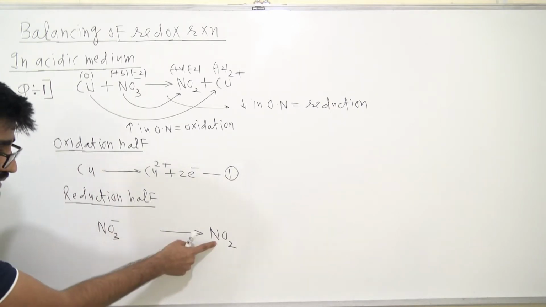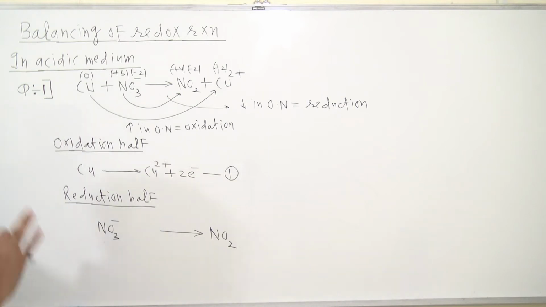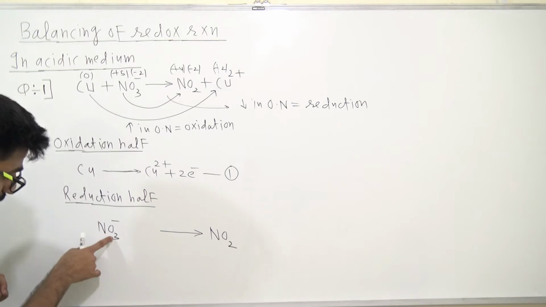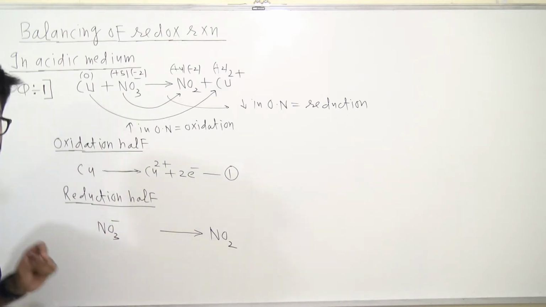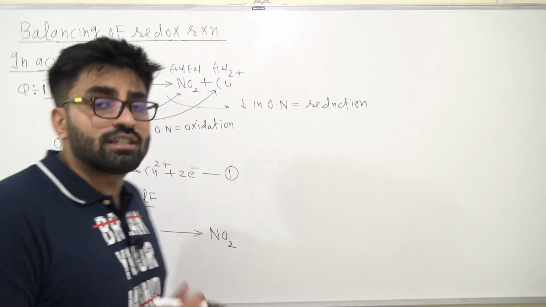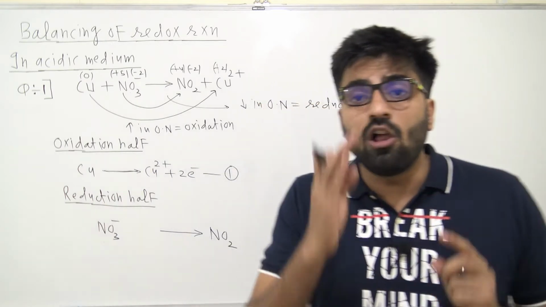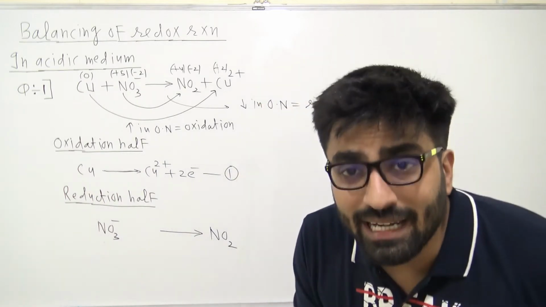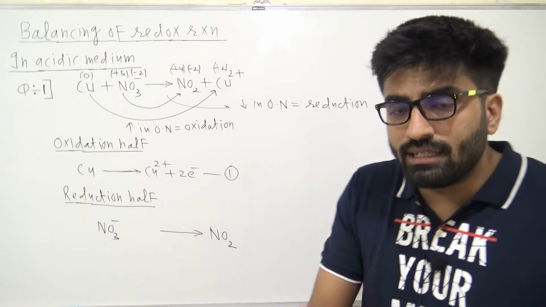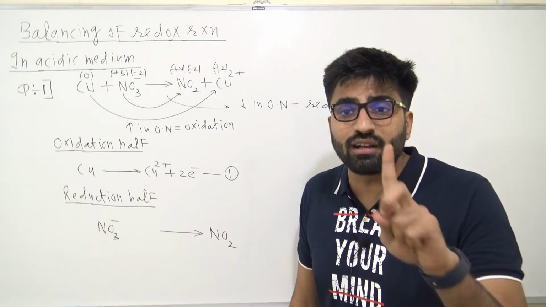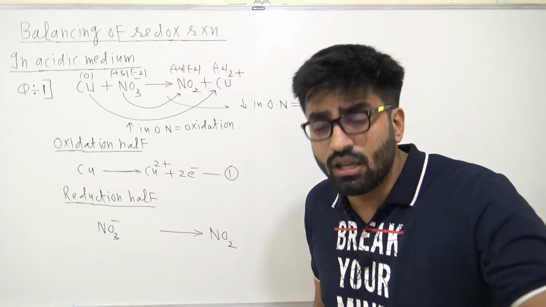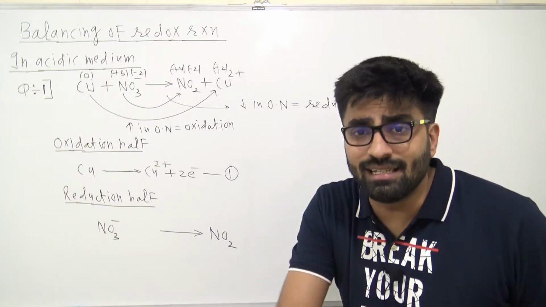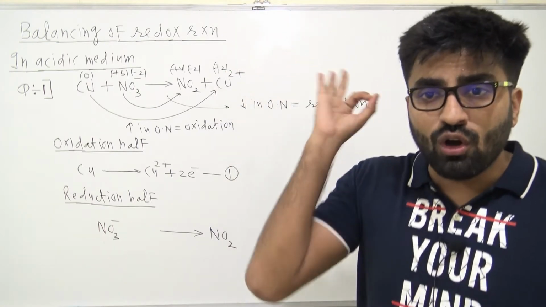There is one nitrogen and also one nitrogen. The next question is, is oxygen balanced? Here we have 3 oxygen and here we have 2 oxygen. Whenever in a redox reaction we balance oxygen, we always balance it by adding molecules of water. One molecule of water contains 1 oxygen, so to balance 1 oxygen you need to add 1 molecule of water.